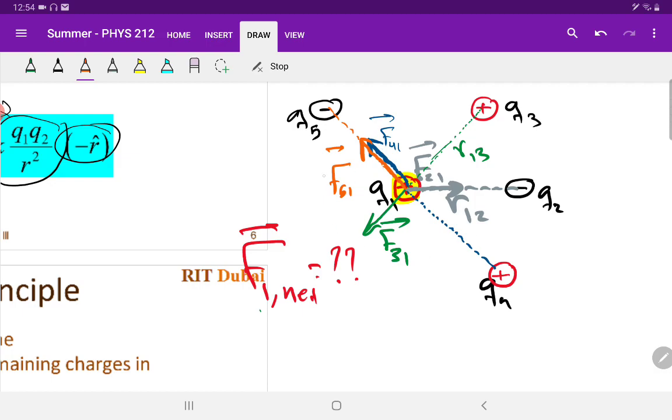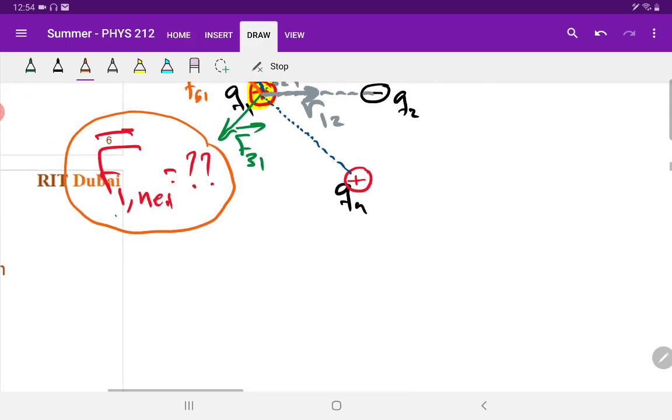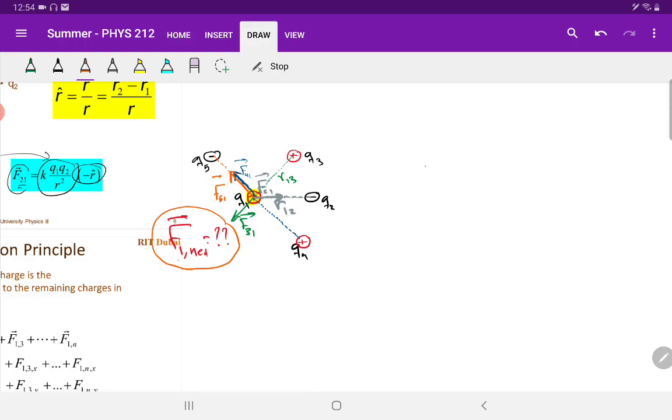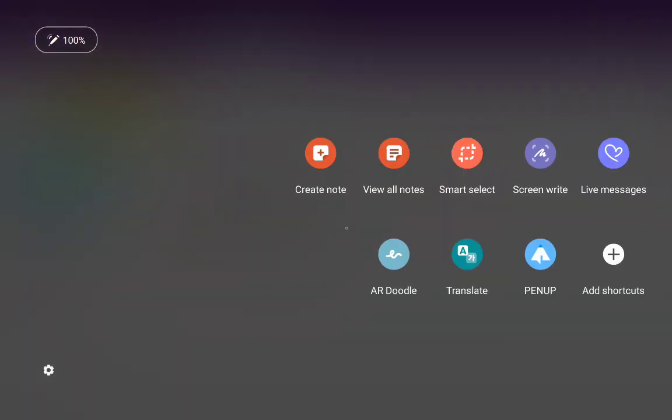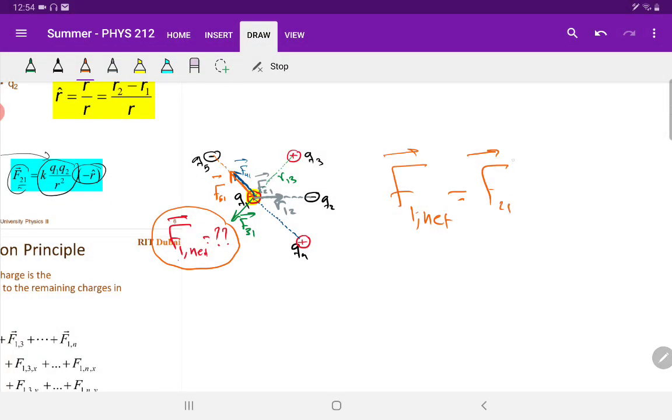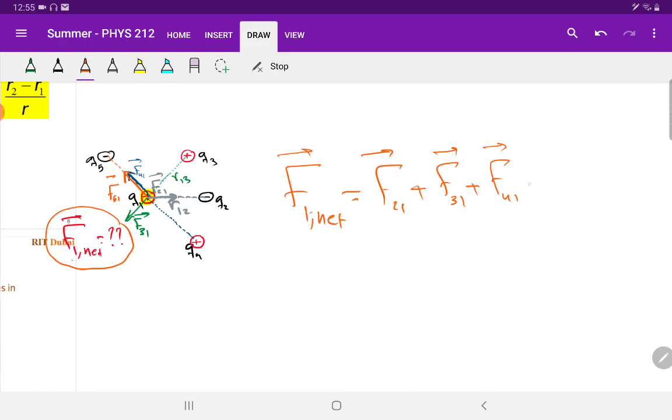The vector summation of these 4 vectors will give me what we call F1 net. So in this case, I can say that F1 net will equal F21 plus F31 plus F41 plus F51.